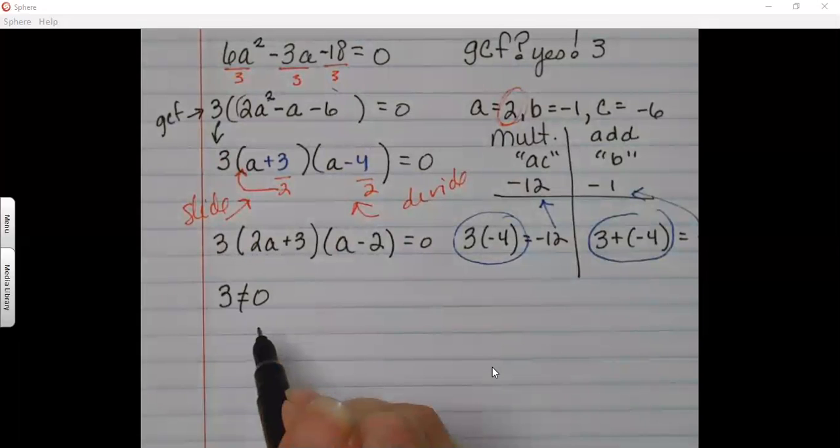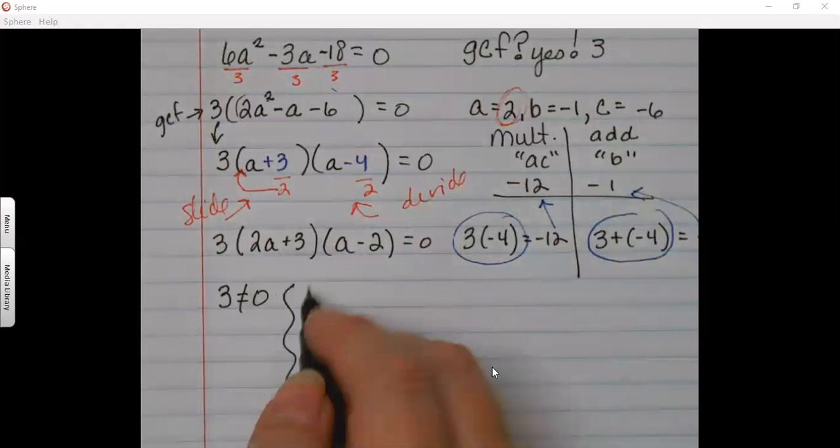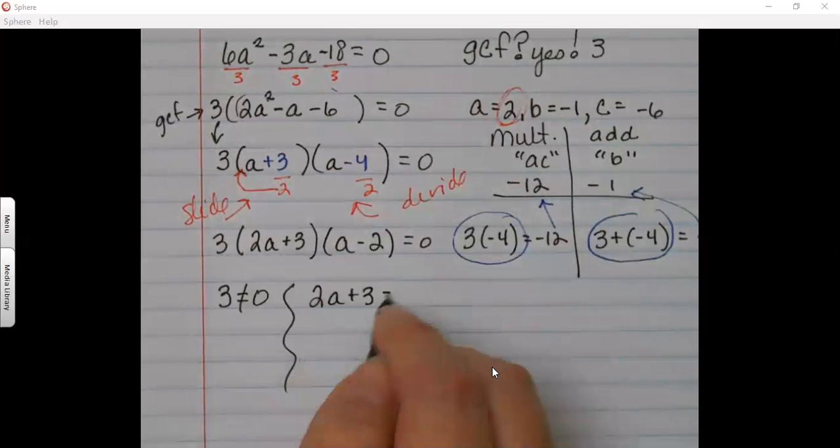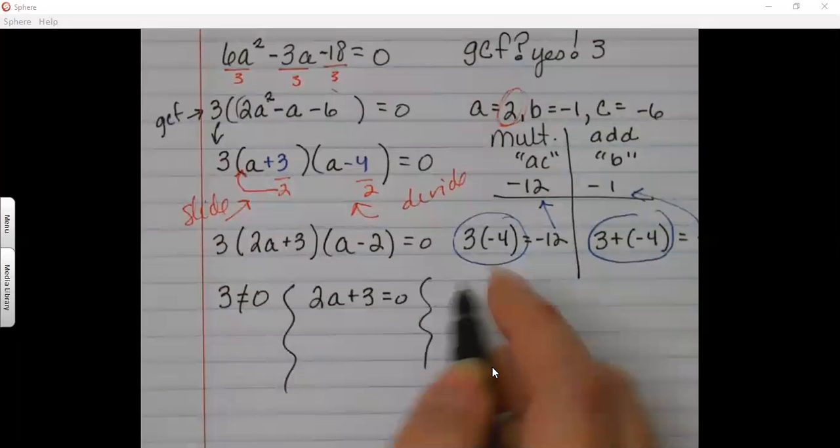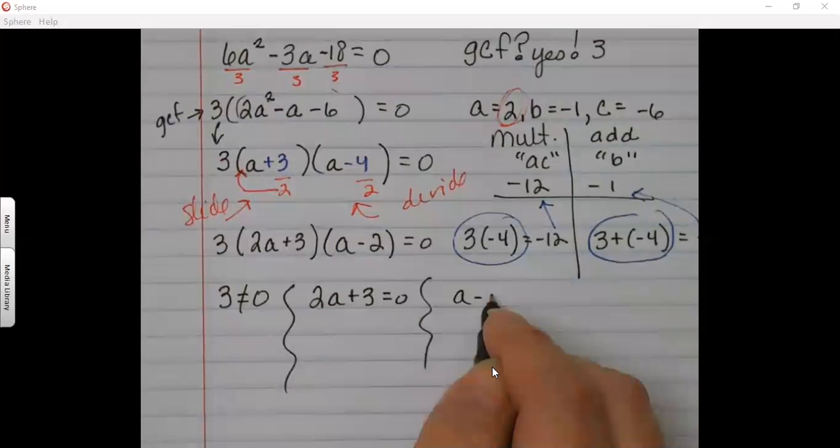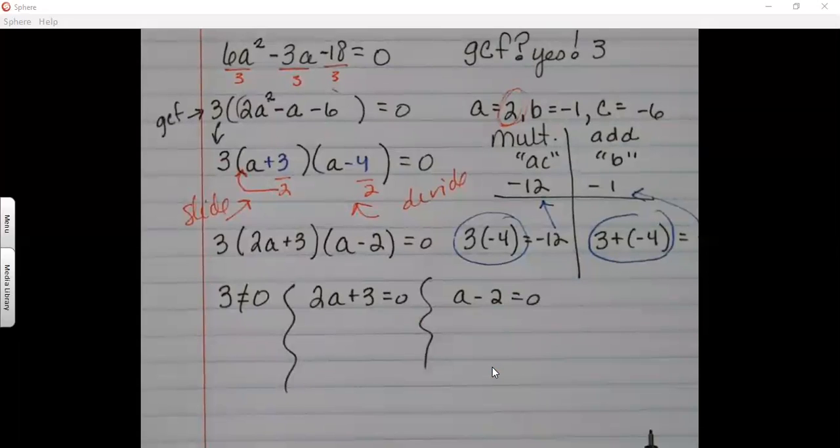Remember, your solutions tell you where the graph crosses the x-axis, and it can cross at 0. But 3 equals 0 is not a solution. You're going to get your solutions only from the factors that had a variable in them. So you'll get your solutions from 2a plus 3 and from a minus 2. So I'm just going to solve both of those for a. Y'all don't need me for this.